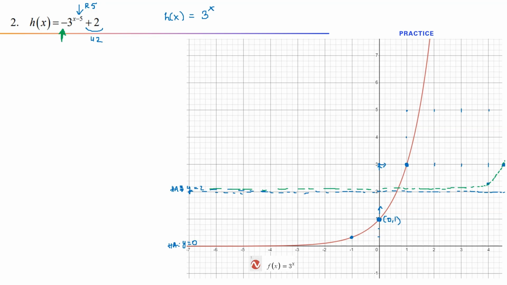That negative is so important because it makes the whole graph flip over the horizontal asymptote. So the final graph should look like this. Go down like that, because of the negative in front.